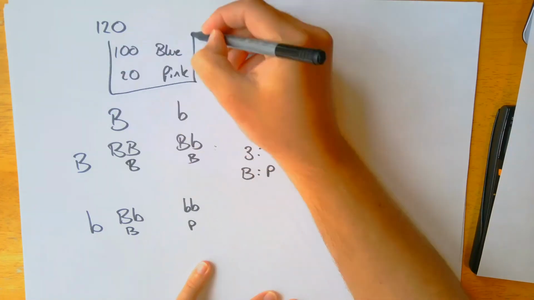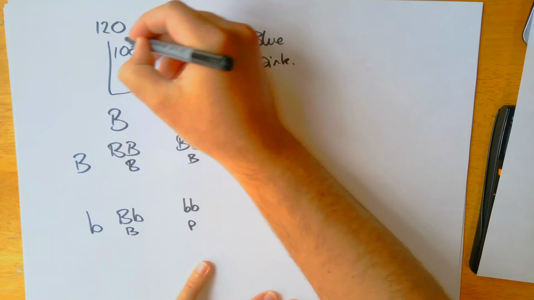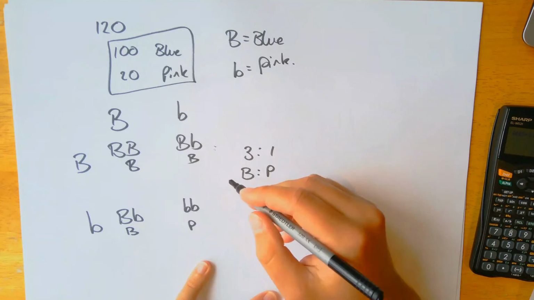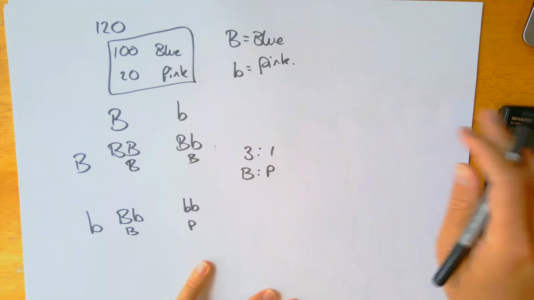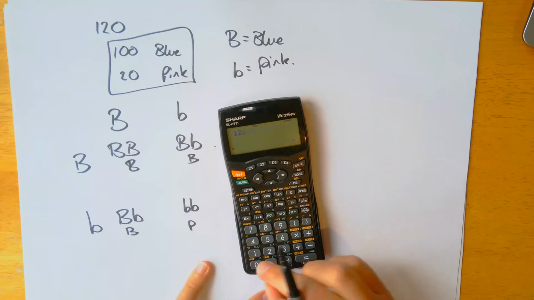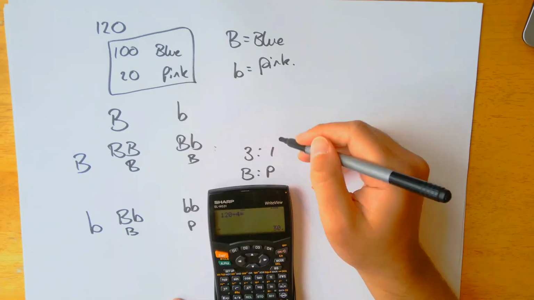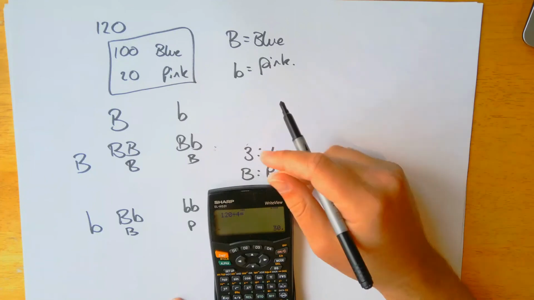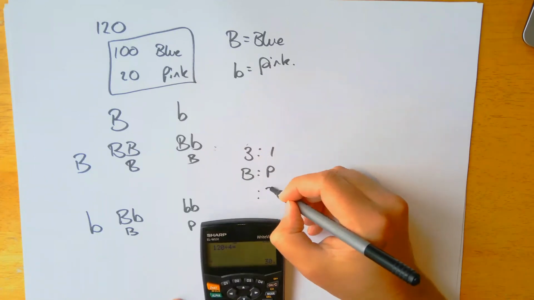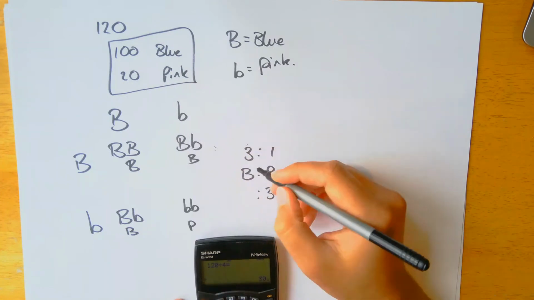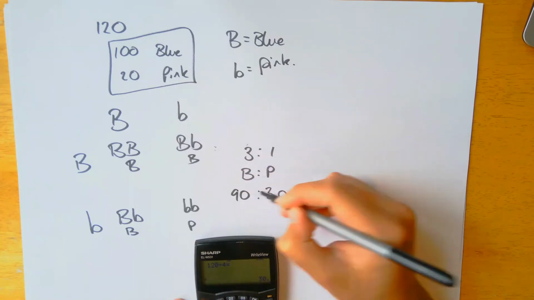If there's 120 plants in total, then using this probability ratio, I would get my 120 plants divided by 4, because 3 plus 1 is 4. I would expect 30 pink, and 3 times 30, I would expect 90 blue.